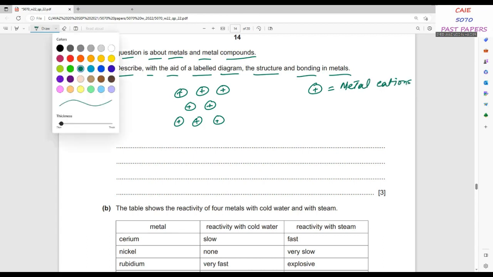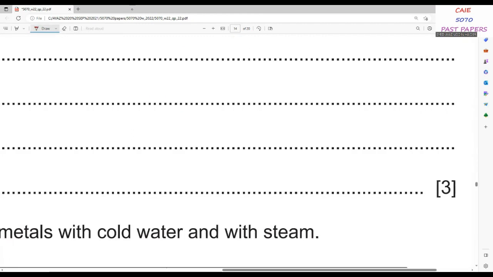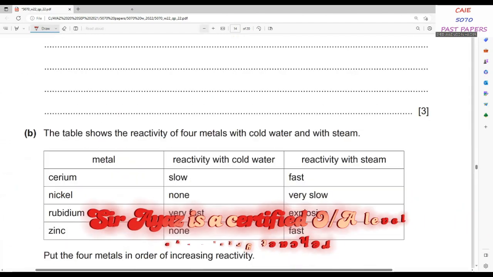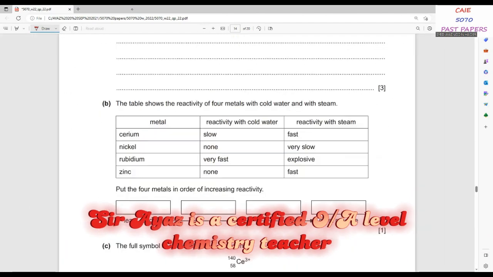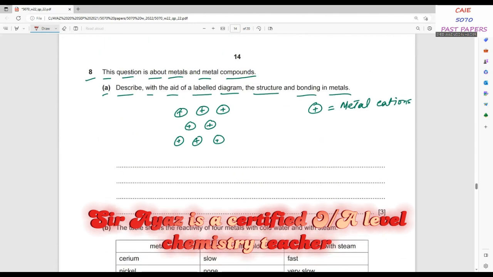Now I'm showing the free electrons. These will be free or mobile or delocalized electrons.